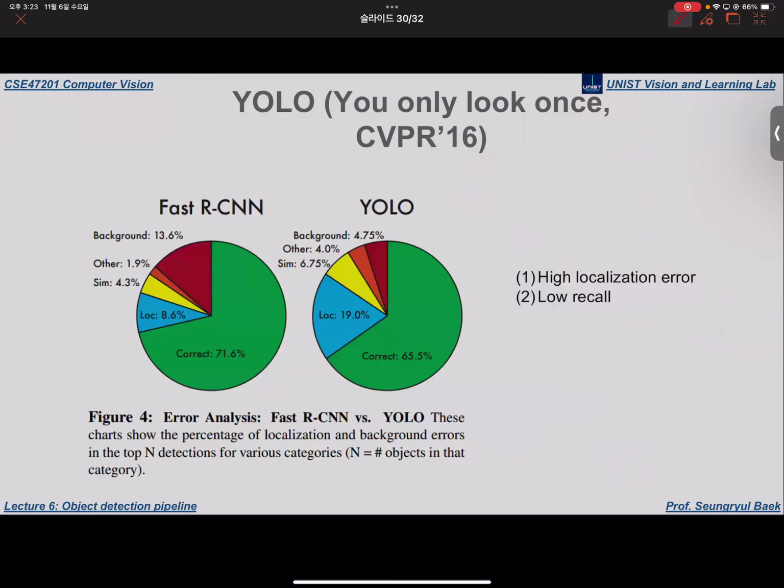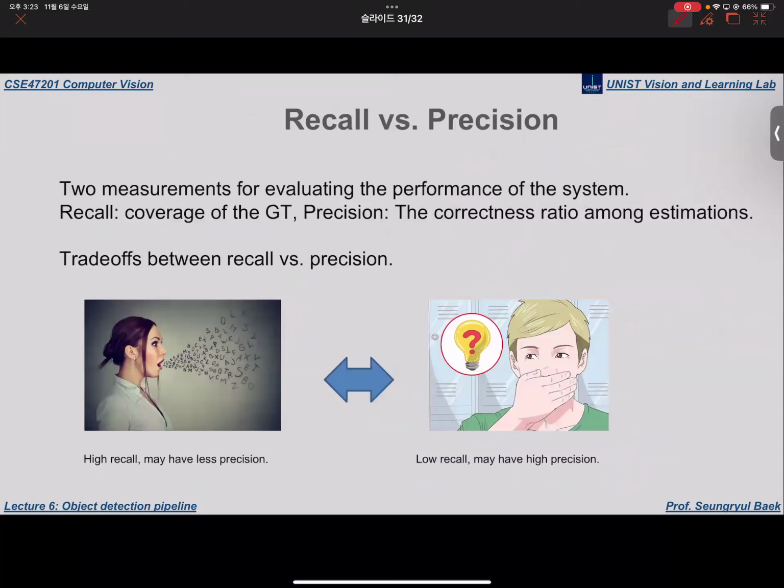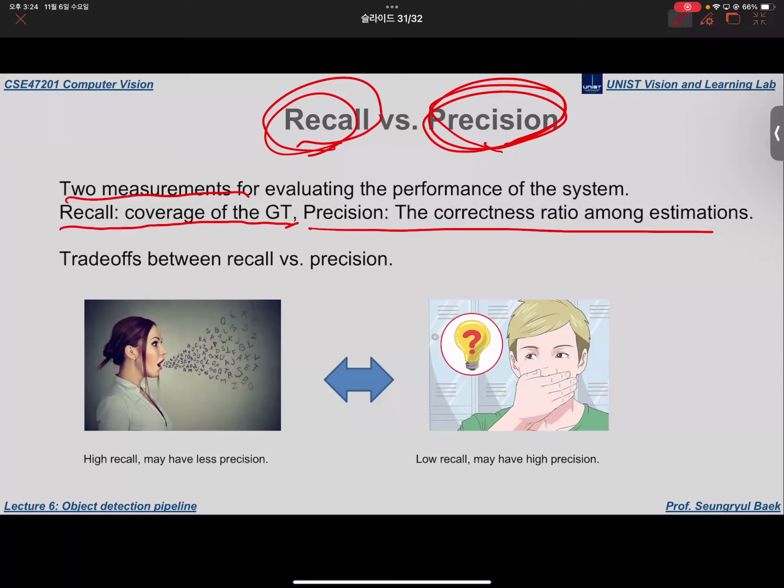To say this more properly, I have to explain these two concepts, recall and precision. These are two measurements for evaluating the performance of the system. We normally measure precision, but recall is also very important. We can define recall and precision like this.